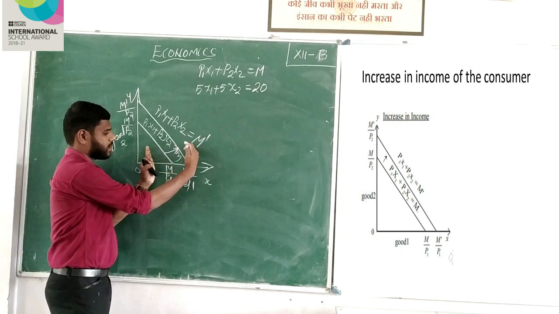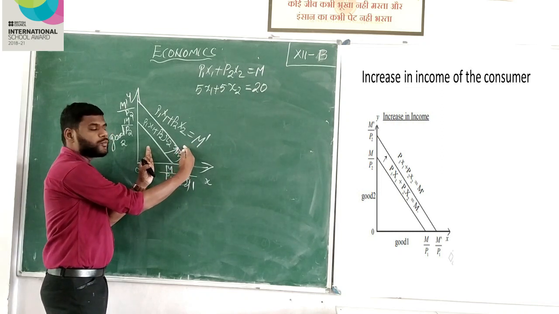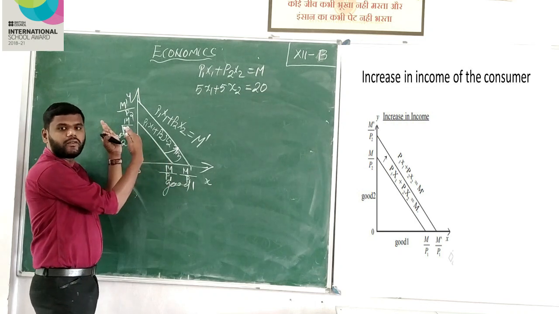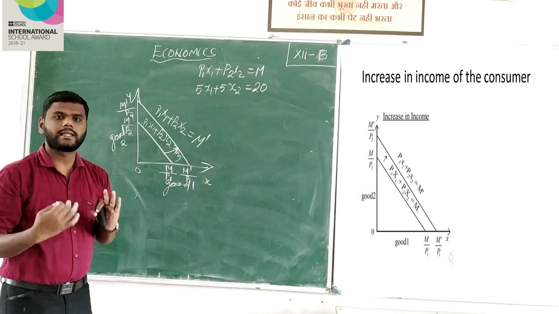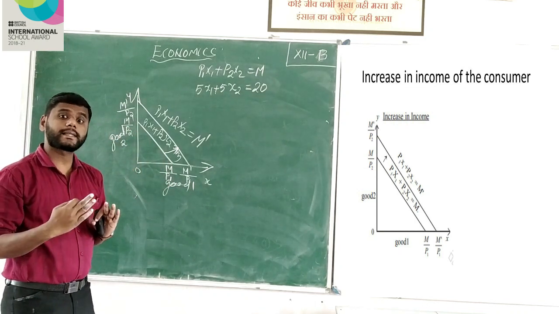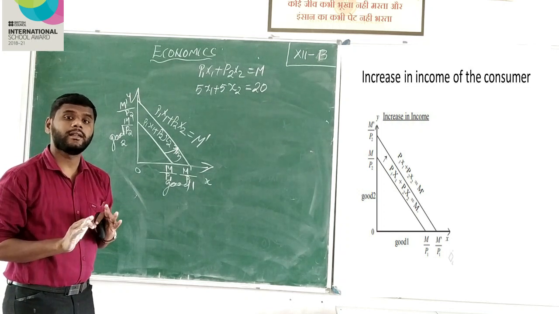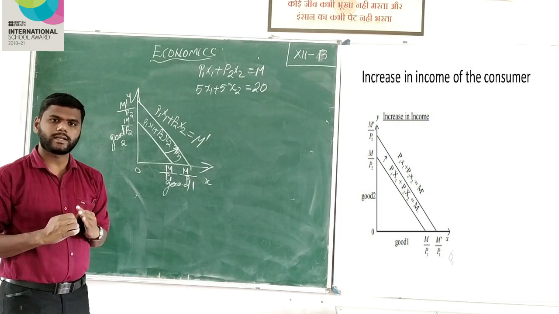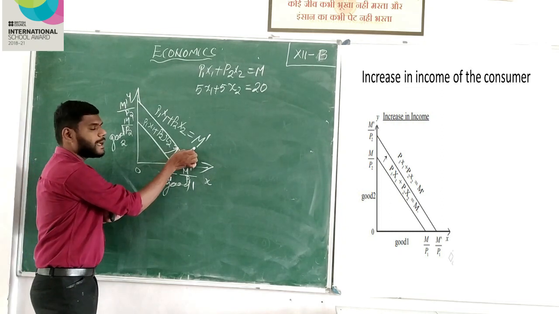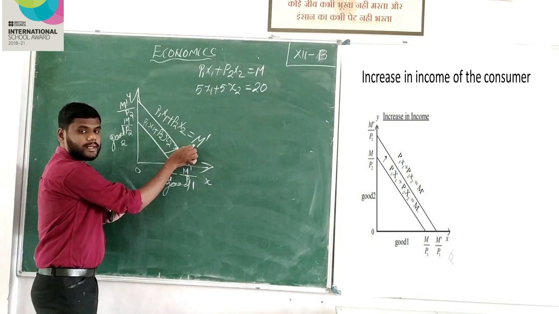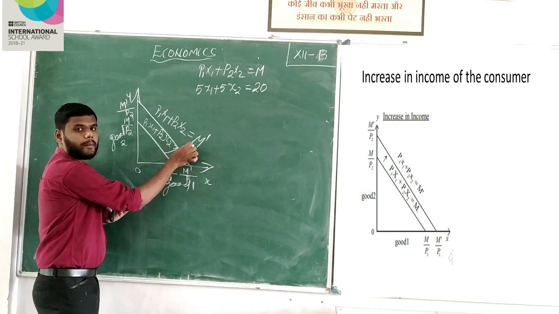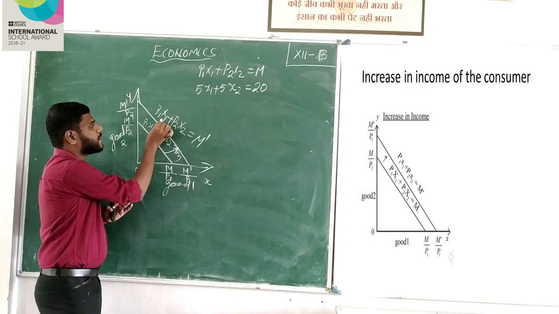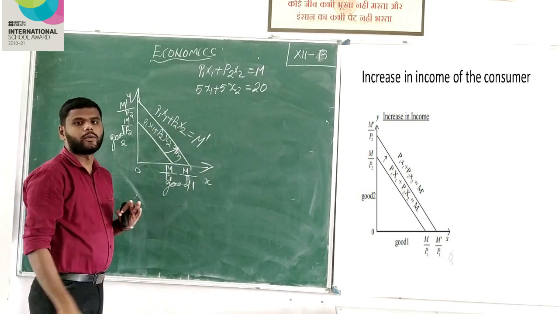At that time, the horizontal and vertical intercepts will change, but the slope of the budget line does not change. Why is the slope of the budget line not changing? Because he is spending this m, now m dash, amount to purchase the x1 and x2 commodities.